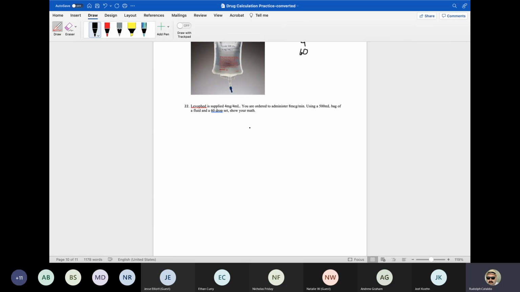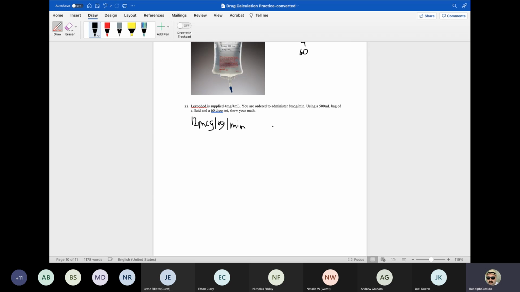Okay, so somebody give me a dose between 2 and 20 micrograms. 12. Okay, of course you got to pick a weird number. 12. Okay, so 12 micrograms per kilogram per minute. That's what's ordered.